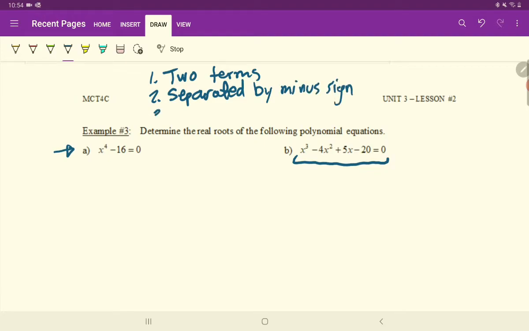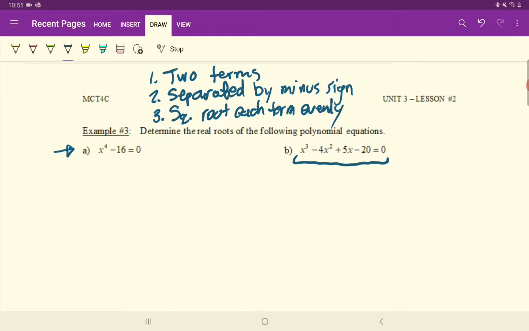And lastly, you should be able to square root each of the two terms evenly. So by not getting a decimal. So if those three items are satisfied, you know you have a difference of squares.